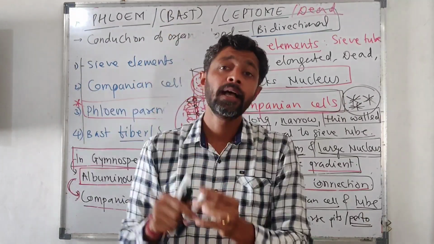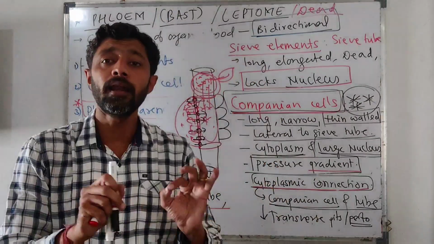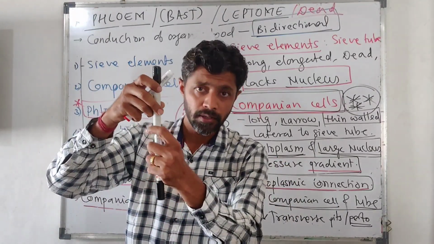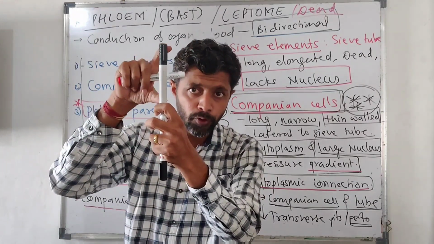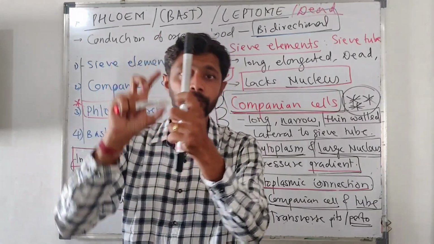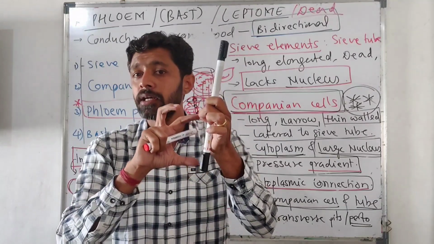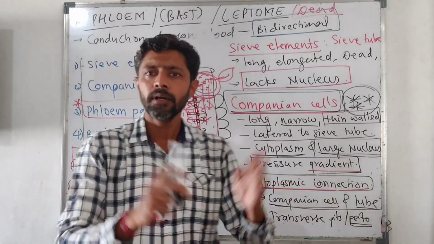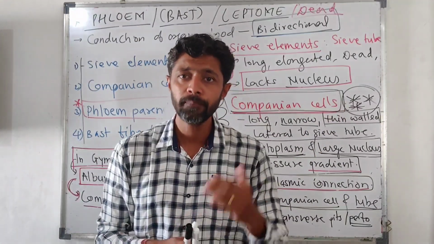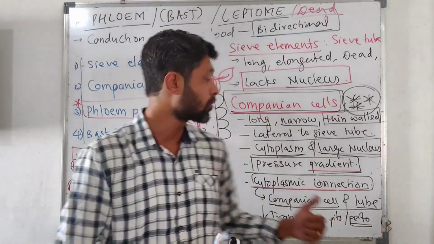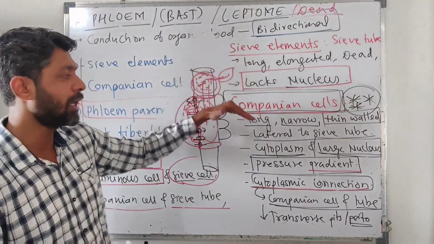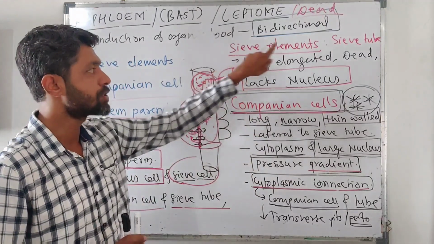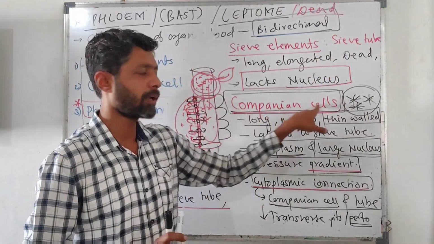Obliquely placed sieve plates are there, and these sieve plates have large perforations. Because of these sieve plate perforations, the organic food from this sieve tube will get streamed to this sieve tube, and that is only because of a pressure gradient, whatever the difference is in the quantity of food. So your main two elements required for transport of food are sieve tubes and companion cell.